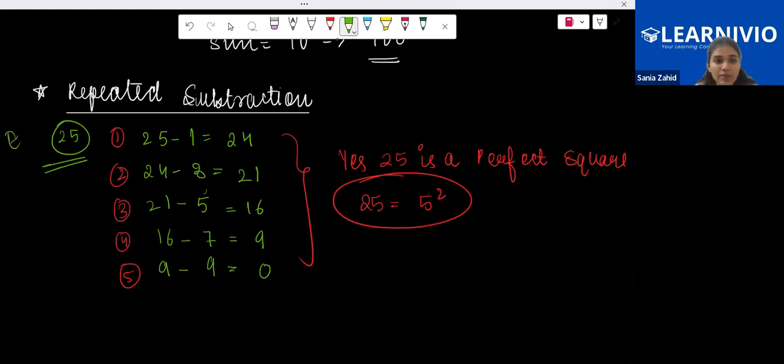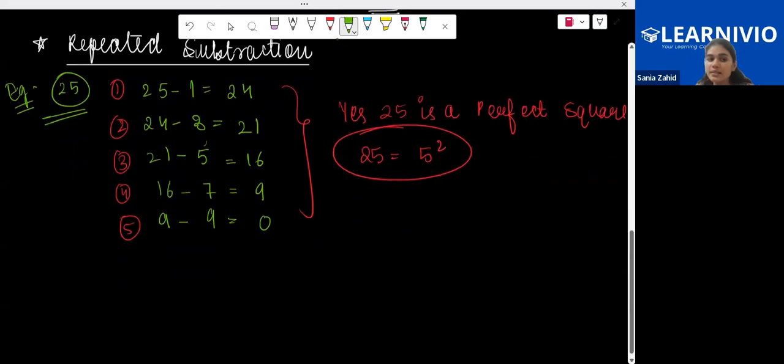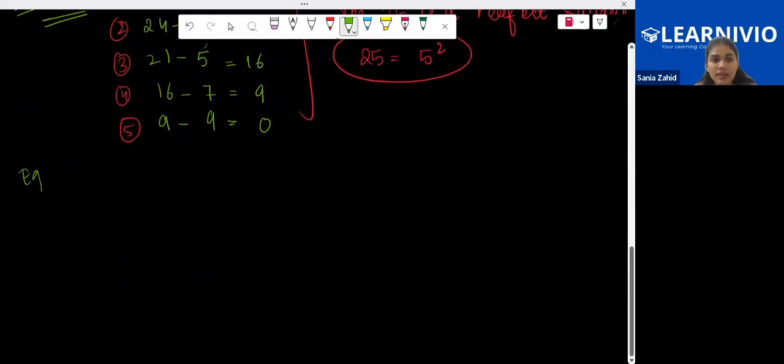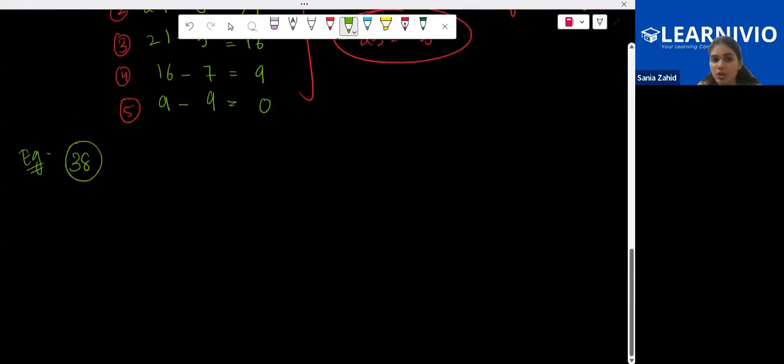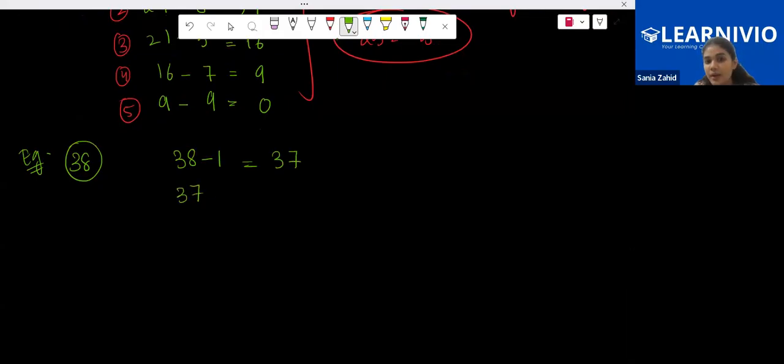So we will consider one more example. Let's consider 38. So let's check for 38 now. First, I will subtract 38 minus 1, gives me 37. Then 37 minus 3 gives me 34.